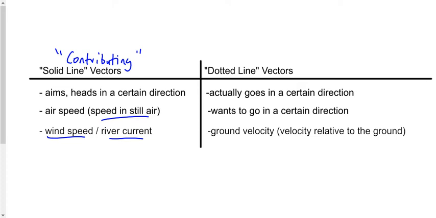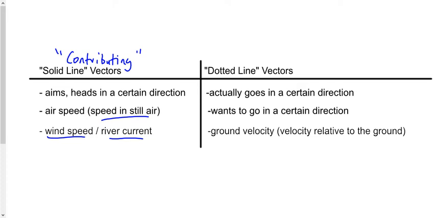Sometimes we know we go faster, right? You're on an airplane sometimes and the pilot says, we're a little bit behind schedule, but there's a tailwind, so we think we can make up some time and arrive on time. A tailwind contributes to the motion of the airplane, as does how fast the airplane could travel without the wind. Those two combined give us the actual motion of the airplane.